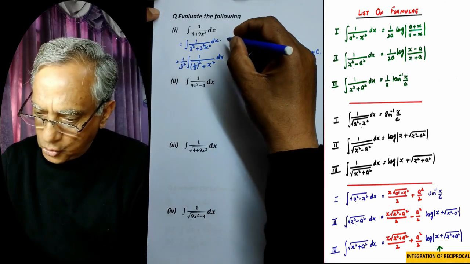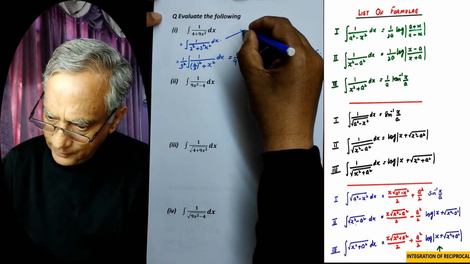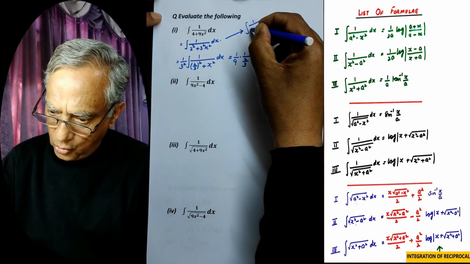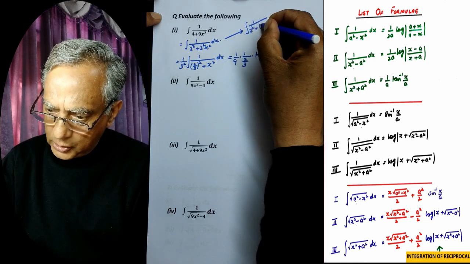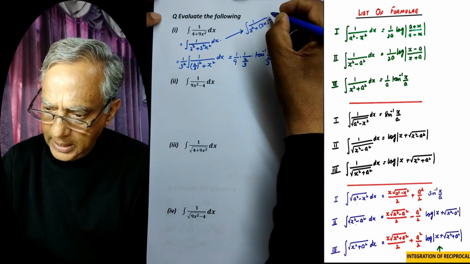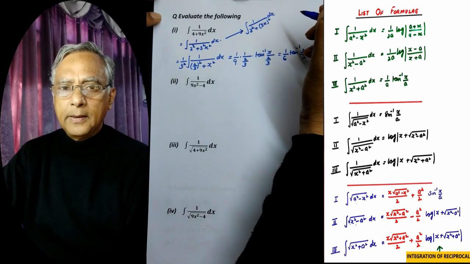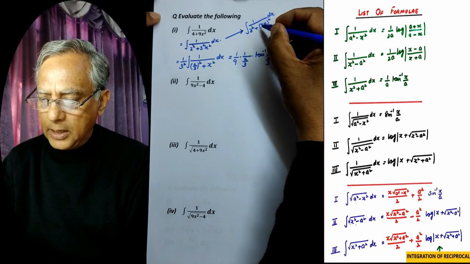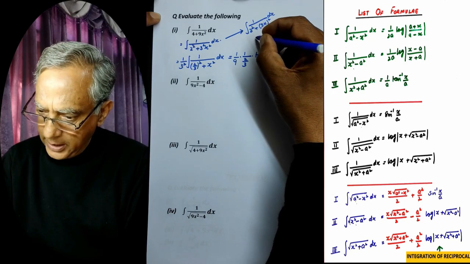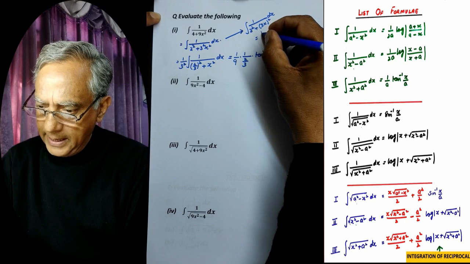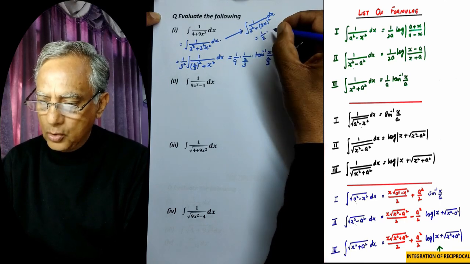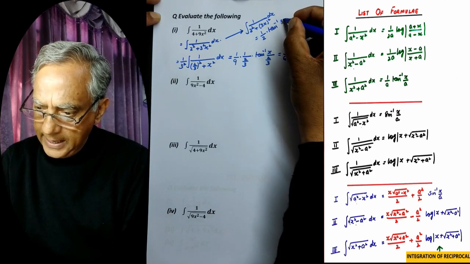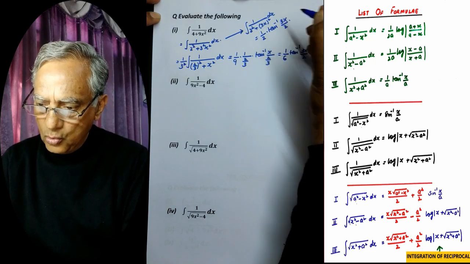And this can also be done as, you can write this as integral 1 upon 2 square plus 3x whole square dx. And this is in the form 1 over x square plus a square. So you can directly write this as 1 by a, 1 by 2 into tan inverse x by a, where x is 3x, so 3x by 2.